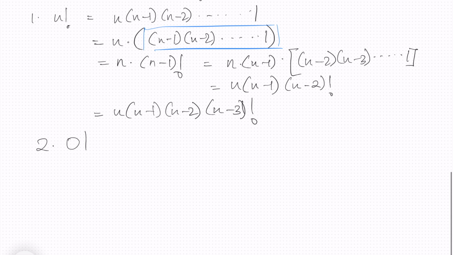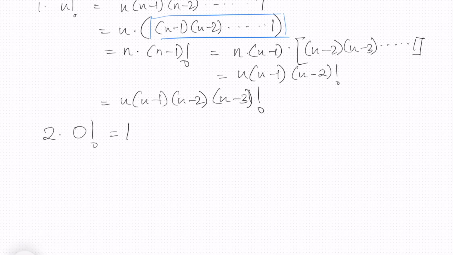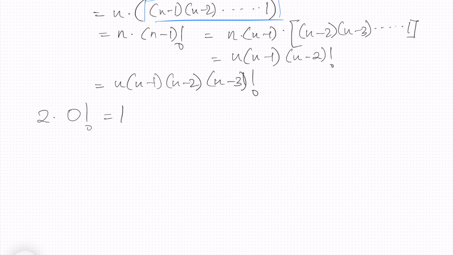2. The factorial of 0 is in fact 1. Now this result can be seen from the pattern that factorials follow. So if you compute the factorial of 1, that's just 1. 2 factorial is 2 times 1, 2. 3 factorial is 3 times 2 times 1 equal to 6.